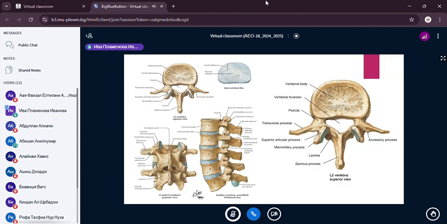Here you can see the transverse process with the two articular processes, superior and inferior, and between them, that's the superior articular process of L4, that's the inferior articular process of L3, and they form a joint.